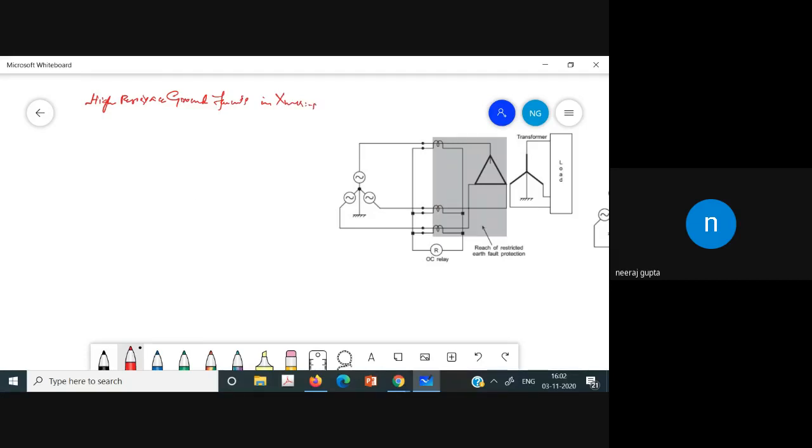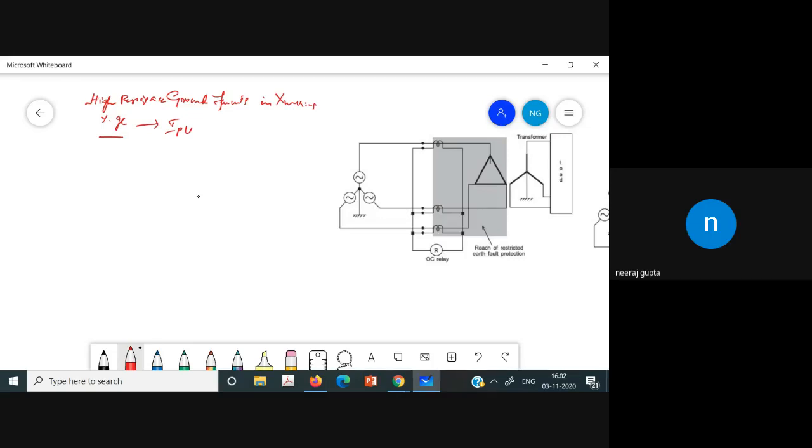Now, what are the high resistance ground faults of the transformer? If you take the case of the percentage differential relay, then the percentage differential relay has a certain minimum pickup value. Let us suppose that it is IPU.